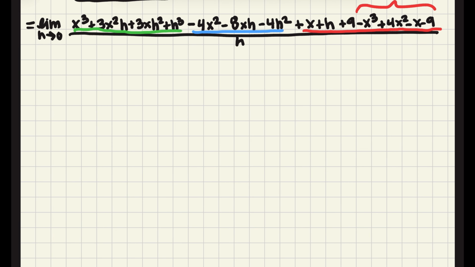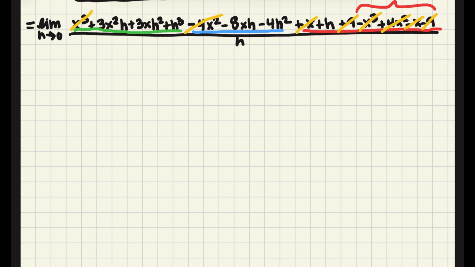But our next step here is to eliminate what we can. So let's just look through it one by one. Already, I see that this plus 9 will get rid of this minus 9. This positive x will get rid of this negative x. Let's see what else. This positive 4x squared will get rid of this positive 4x squared up here. Okay, this positive x cubed will get rid of this positive x cubed.